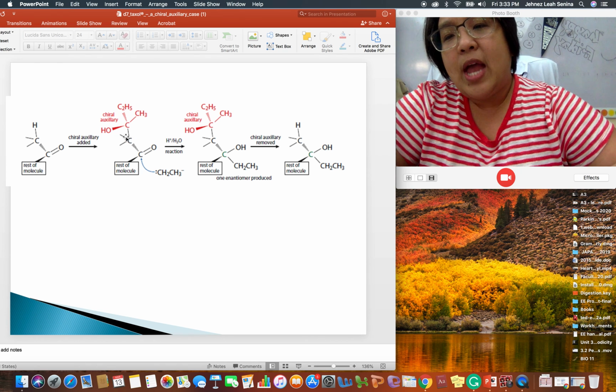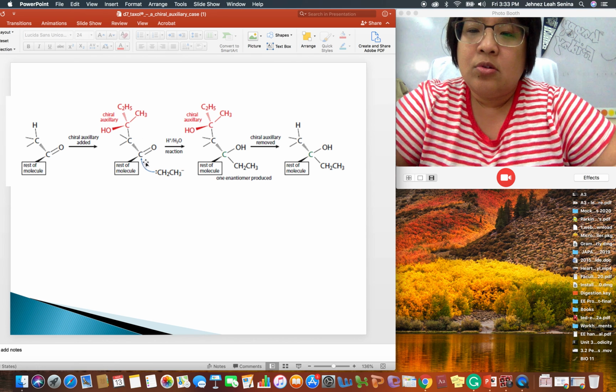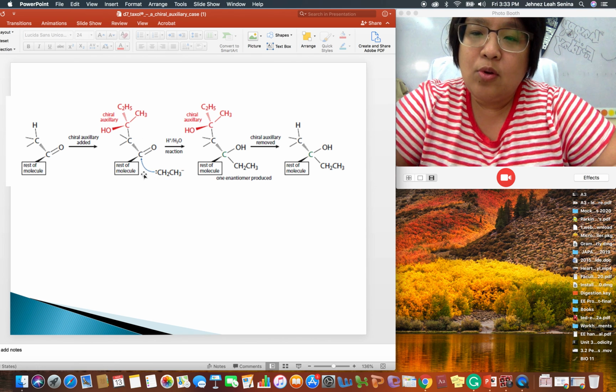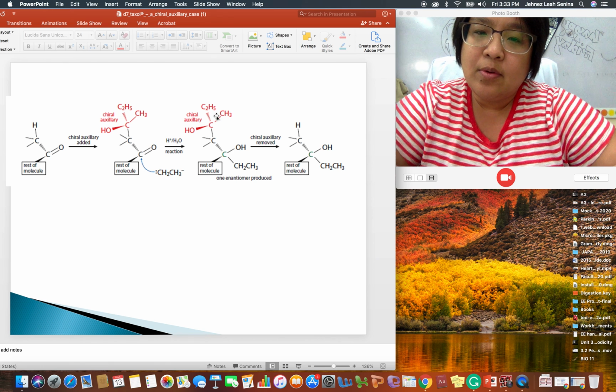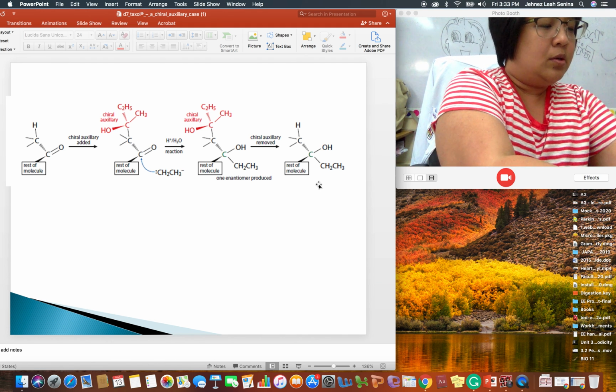So we add this chiral auxiliary, and adding this allows this group to only attach to this side farthest from here so that you make this enantiomer. What do I mean?